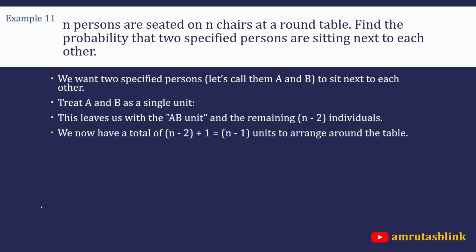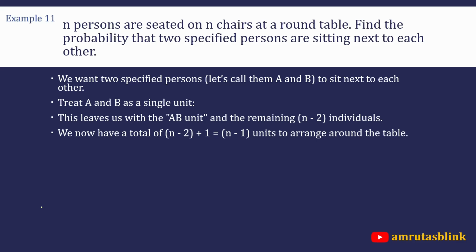Now why we have done this n minus 2 is because we want to treat these two people as single unit. So initially there are n people. So now we have removed these two people. So that's why remaining people is n minus 2. So just assume that let's say there are 20 people and we want this A and B to sit next to each other. So just for the sake of calculation, try to understand the scenario. Let's say we have kept them aside.